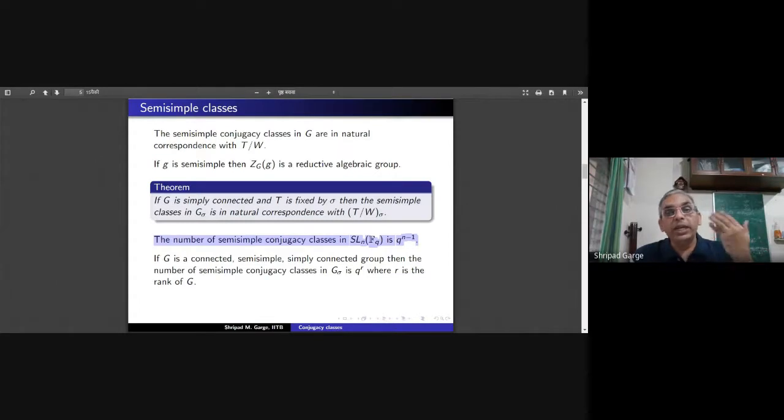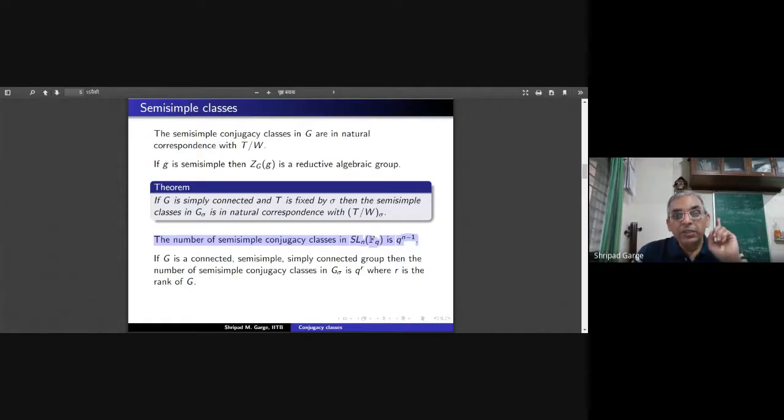So if you were looking at matrices inside SL_n(F_q), all you have to look at are the characteristic polynomials whose constant term is (-1)^n. That's the determinant value. Now, whenever you have a characteristic polynomial, and if your corresponding matrix is semi-simple, then there is a unique such class.